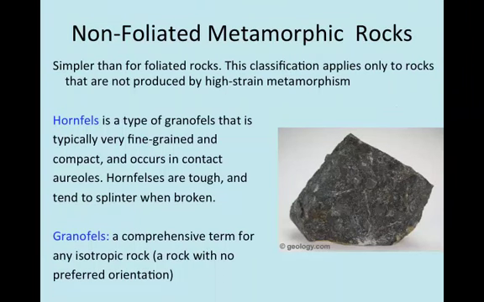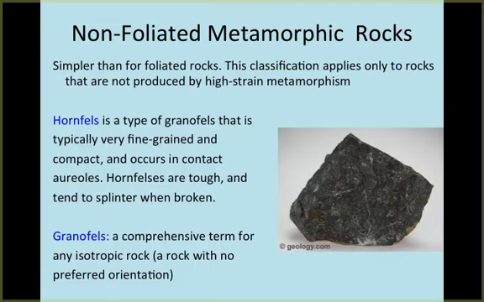Now we have non-foliated metamorphic rocks too, and those have more generic names. Now we just talked about slates and phyllites, schists, and gneisses being the foliated rock names. For non-foliated metamorphic rocks, we basically have two choices.